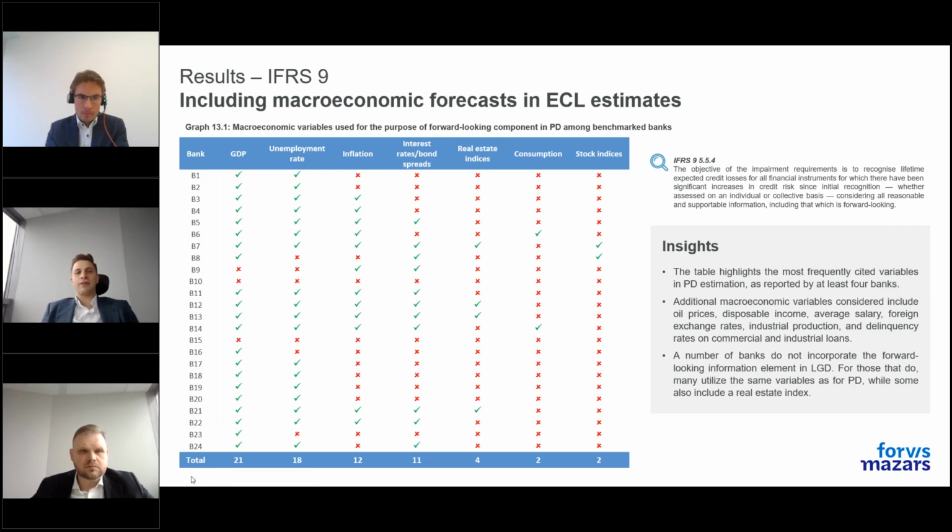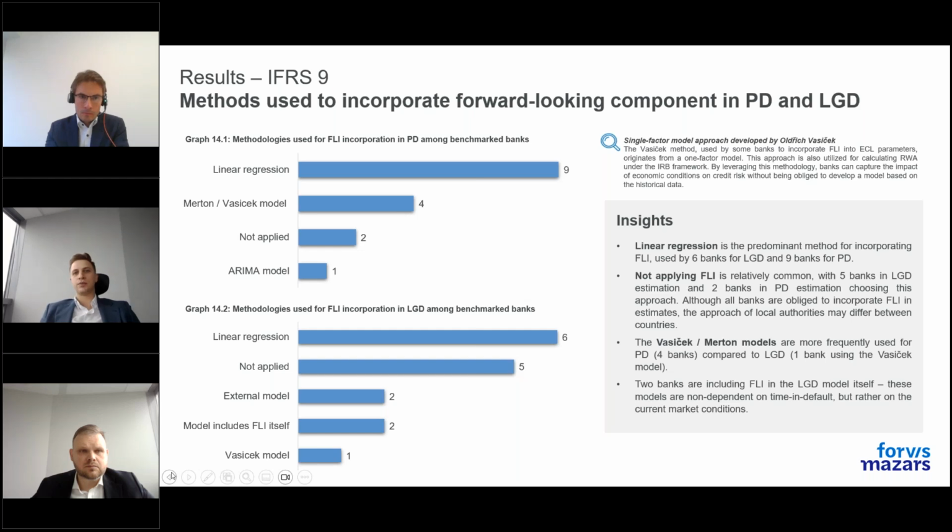Moving forward to the methods used by banks to incorporate the forward-looking component in parameter estimates, we can see on the left-hand side the chart summarizing the approaches adopted by banks in terms of both PDs and LGDs. And we can see that in case of both parameters, linear regression is the most common approach to how banks incorporate the forward-looking component.